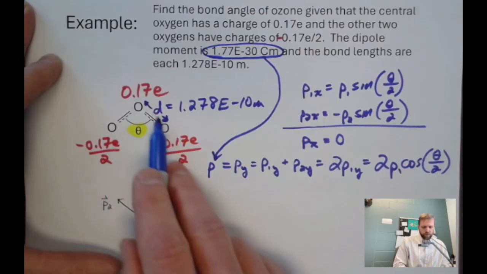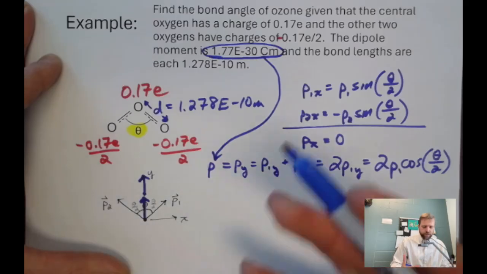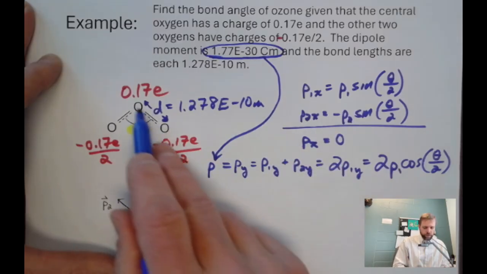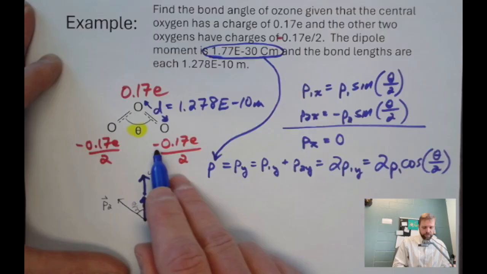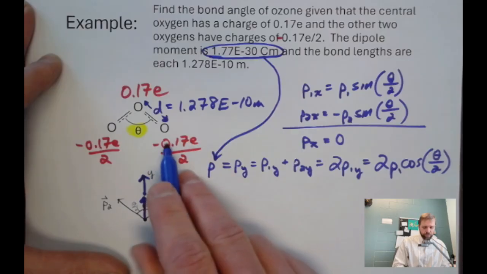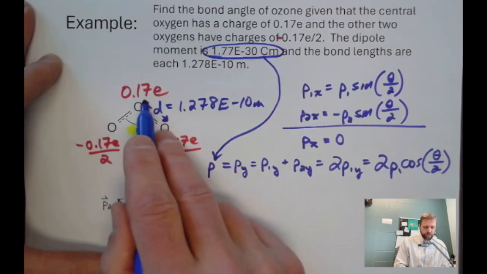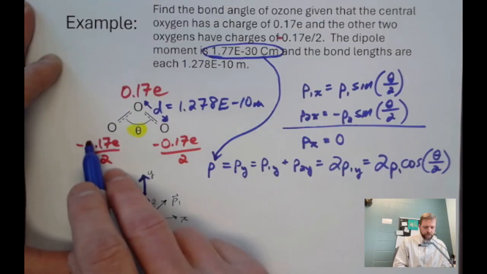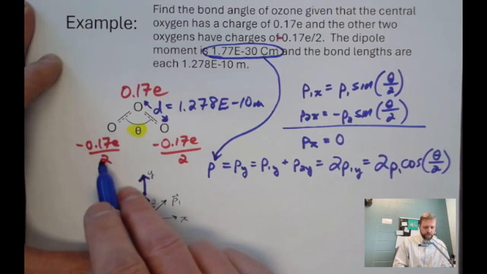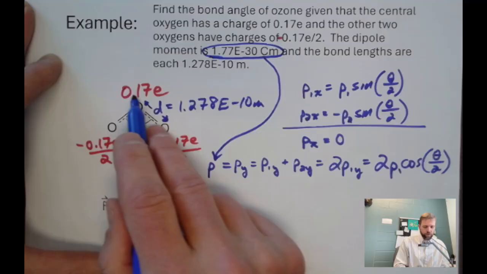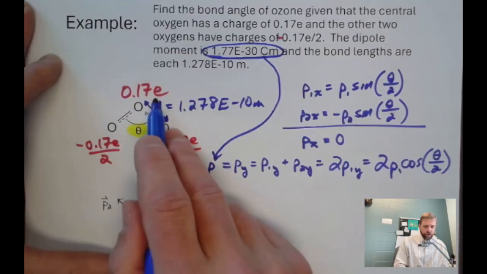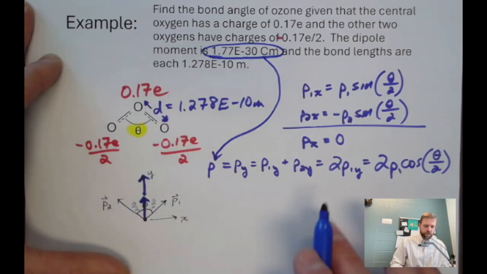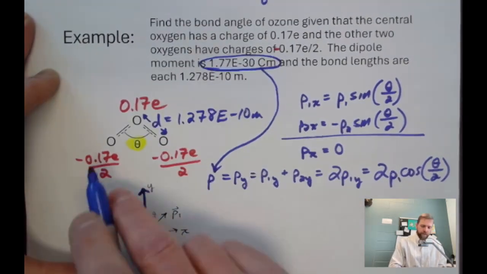So we can model this as two different dipoles, where this one has negative 0.17 E over 2 and positive 0.17 E over 2, and this one is the same. So the total charge here in the middle is 0.17 E, where E is the charge of an electron.